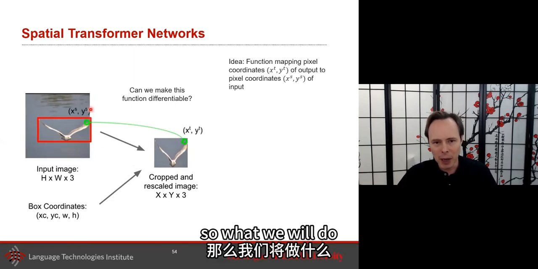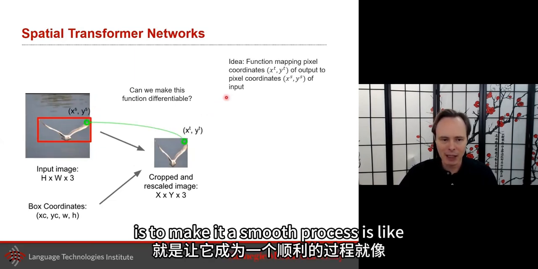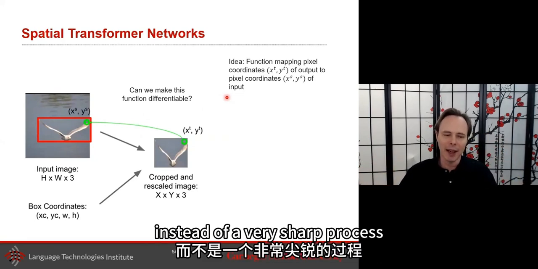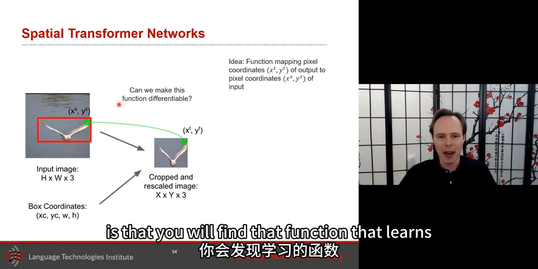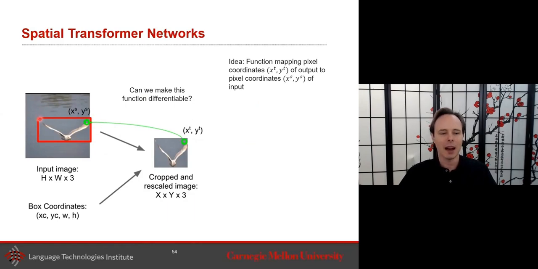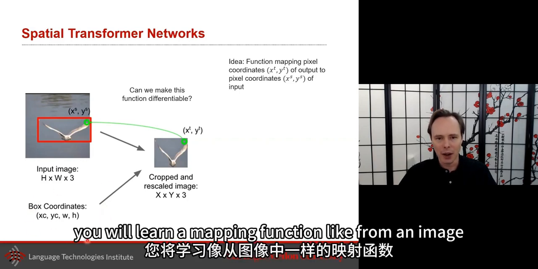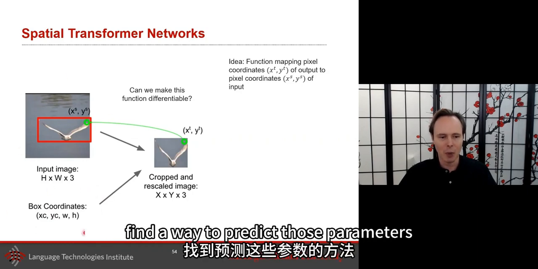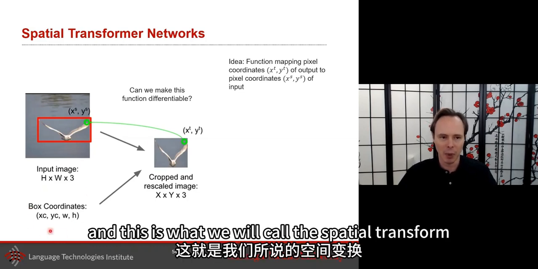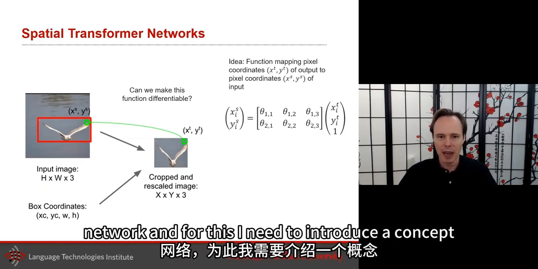So what we will do is make it a smooth process, instead of a very sharp process. You will find a function that learns these parameters. You will learn a mapping function, from an image, find a way to predict those parameters, and this is what we will call the spatial transformer network.